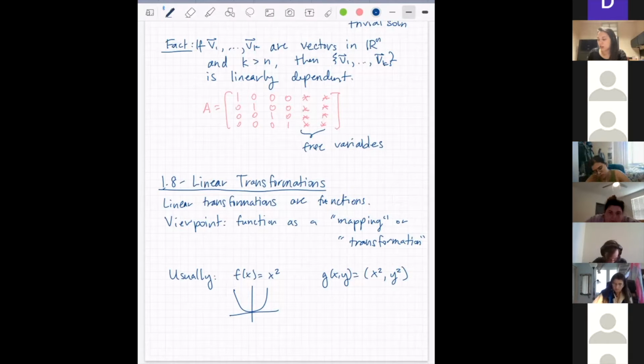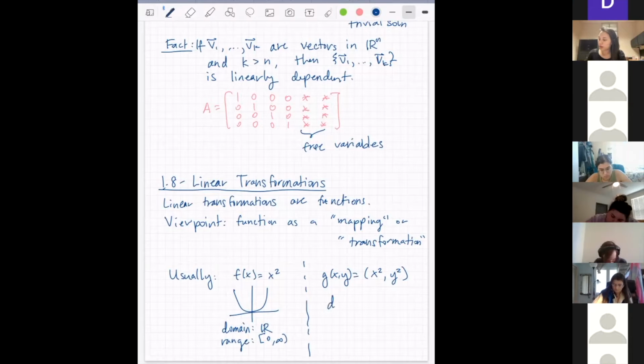So in this case, just separating right here, you have a domain that's just R, and the range for this particular function is 0 to infinity, right?